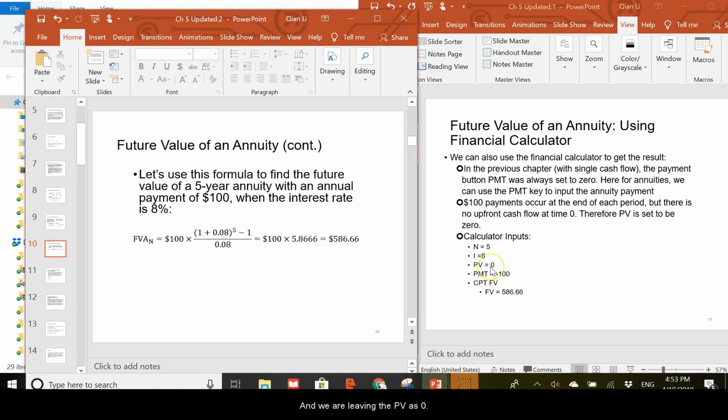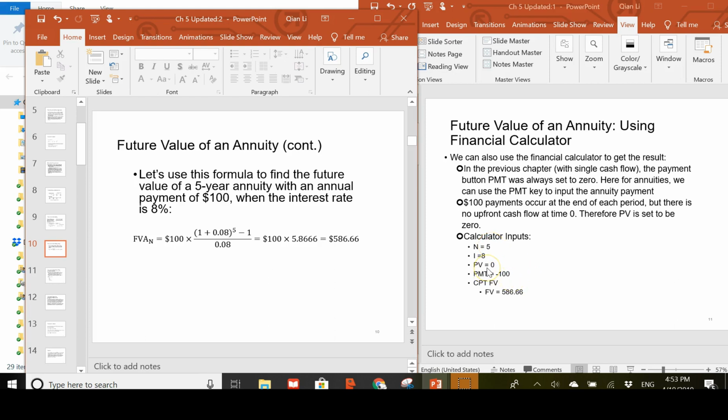And we are leaving the PV as 0. This does not really mean the present value of this whole annuity is 0, because later we will do the calculation and figure out the present value. But here we leave the PV as 0 just to tell the calculator that in addition to 5 payments, there's nothing else.